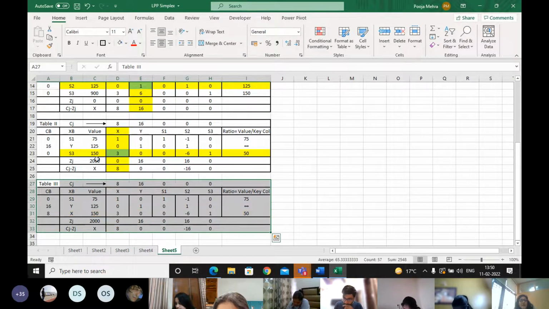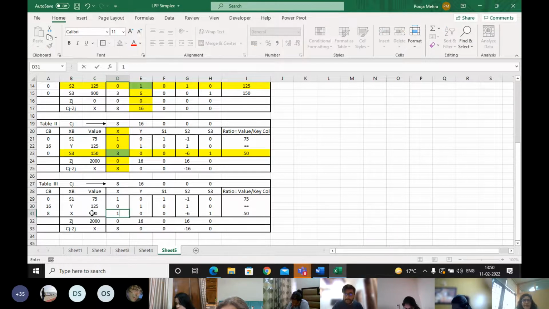With every value, we need to divide by the key element, that is 3. 150 divided by 3 is 50, 1, 0, 0, then -2, and then 1 by 3. Okay?